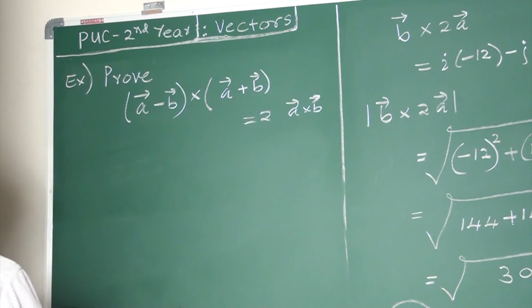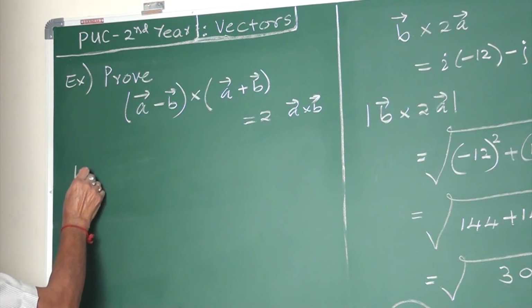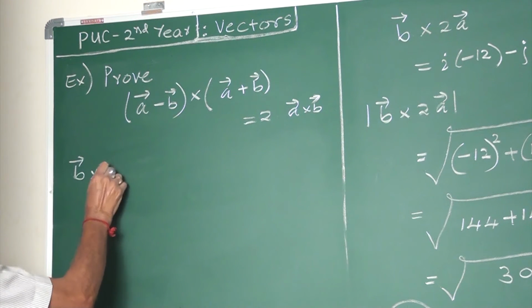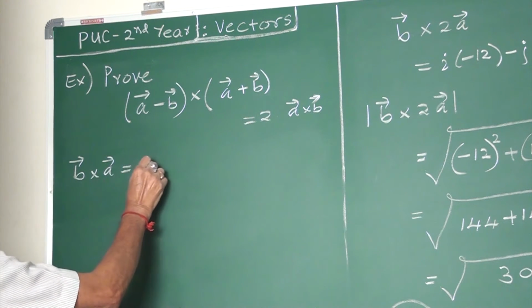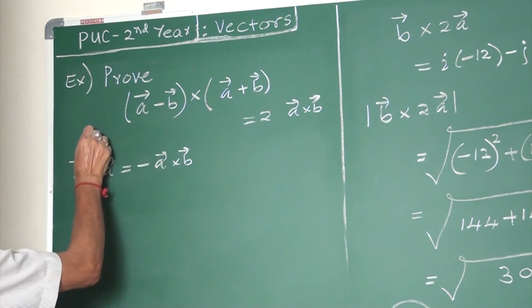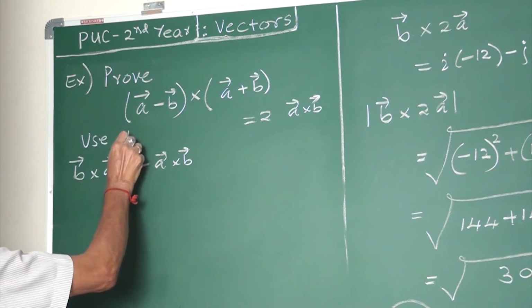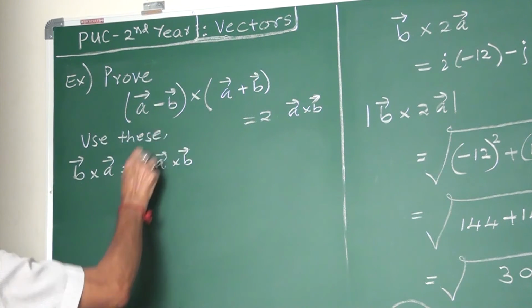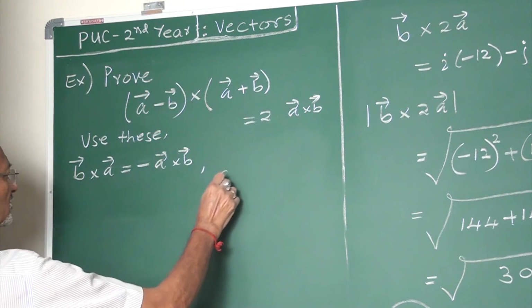Yes, my friends. In this case, we have to make use of B cross A. B cross A is, we know, minus A cross B. Use it. And what is another one?